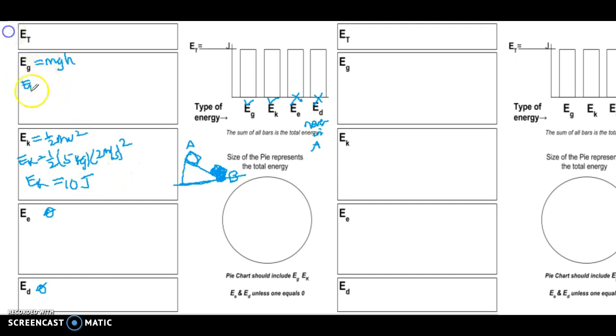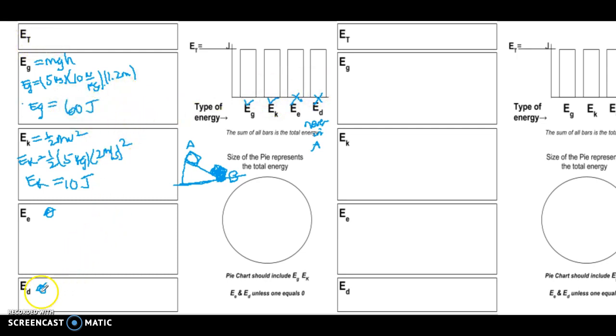And then for the EG, the mass is 5 kilograms, the G is 10 newtons per kilogram always, and the height is 1.2 meters above the table. So I'm going to have 5 times 10 times 1.2, 60.